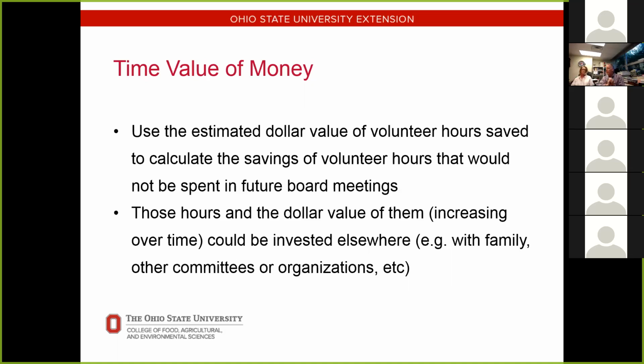For example, rather than spend 20 hours per year in monthly board meetings, if I could spend 10, those 10 hours saved could be invested today, definitely not in a board meeting, rather instead with family or with a different committee or a different organization. So that would be a second tool.